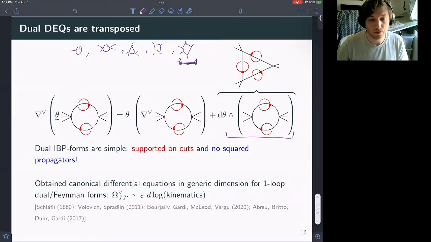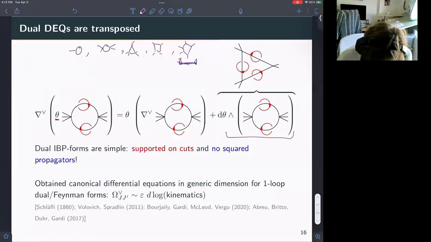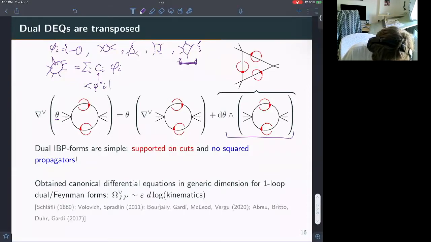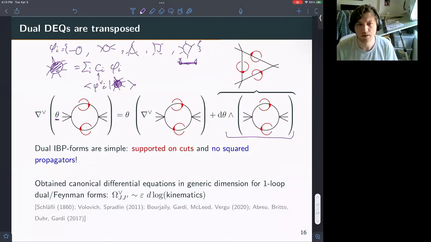And then the next step is, if I'm given some very complicated diagram, it has to be some linear combination of these integrals. So how do we compute these coefficients? We can do that by pairing the form that's dual to this Feynman basis integral with this very complicated monster. Does that make sense?